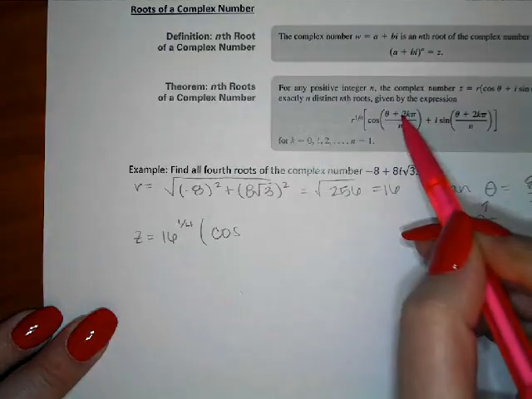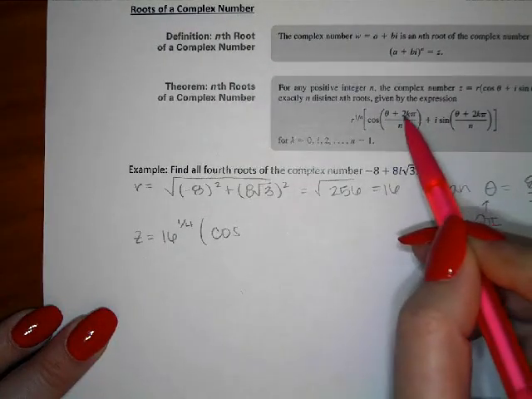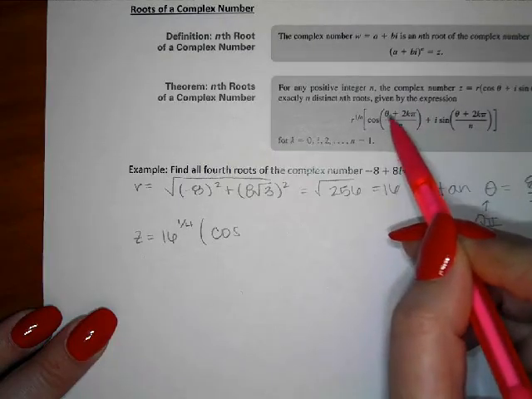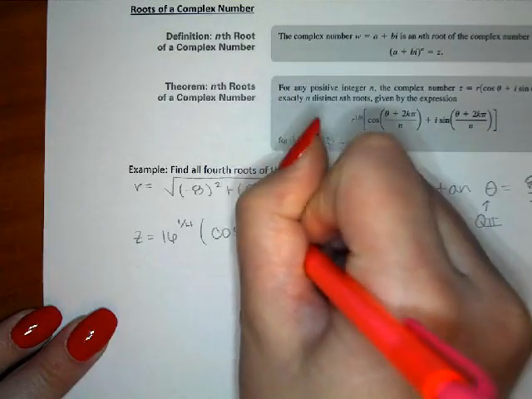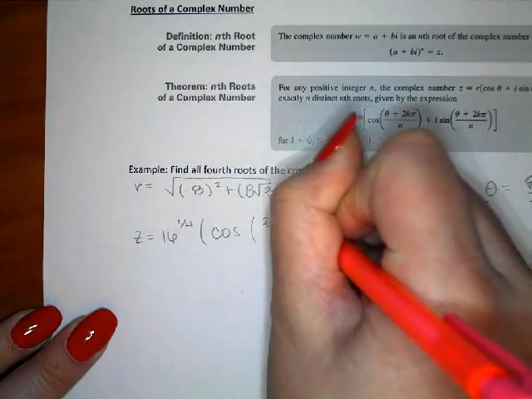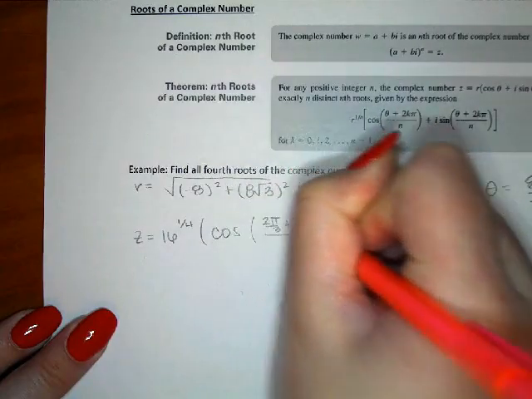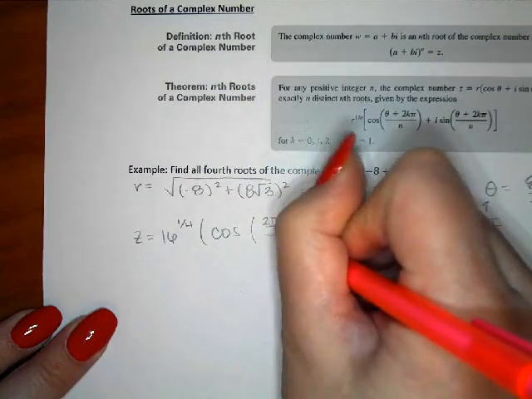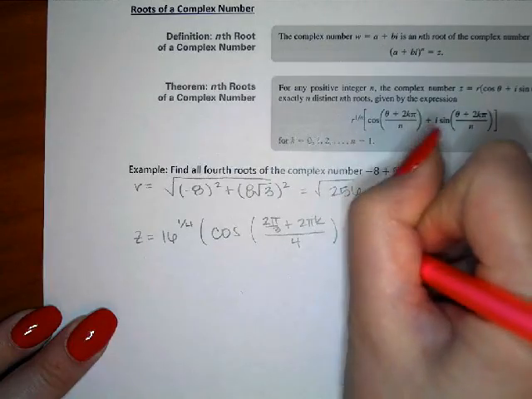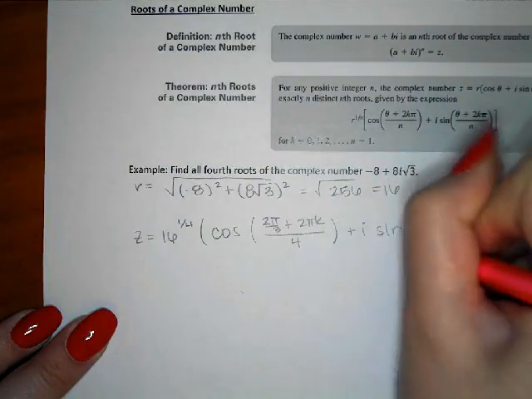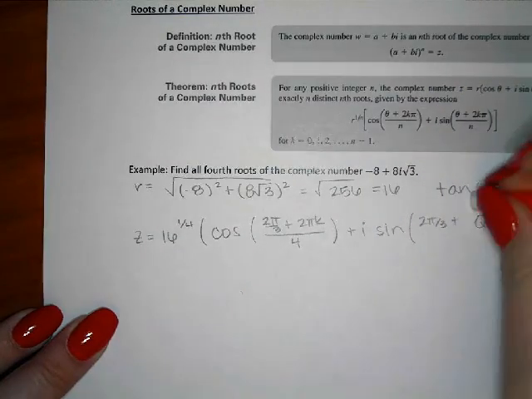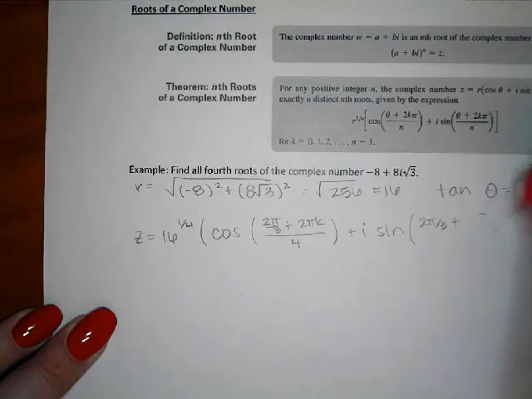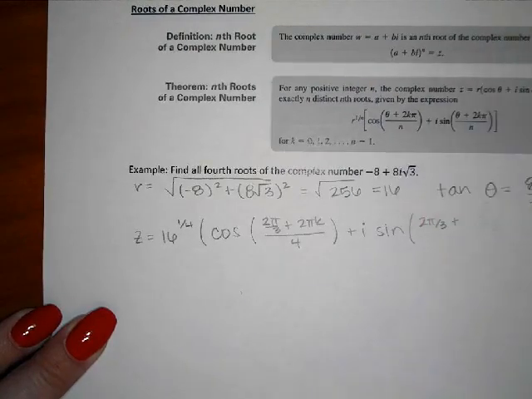And this 2 pi k right here is just saying I'm finding all the coterminal angles to the angle that I'm using. So 2 pi thirds plus 2 pi k, divided by the fourth root, so divided by 4, plus i sine of 2 pi thirds plus 2 pi k.